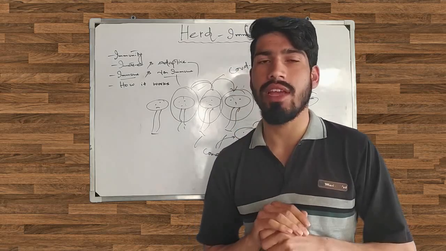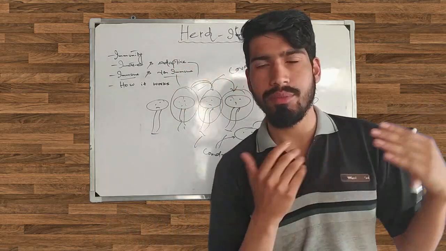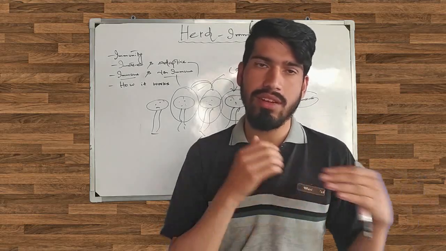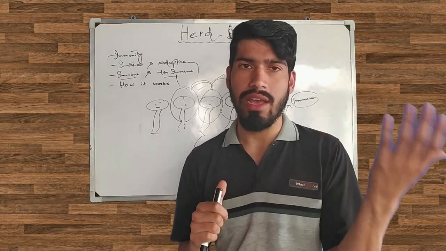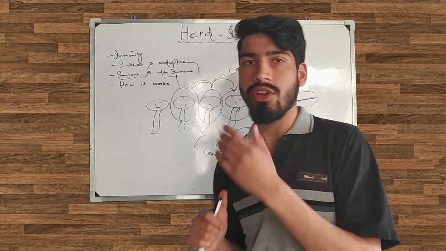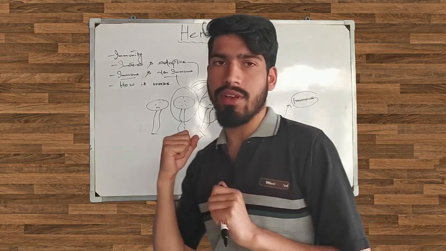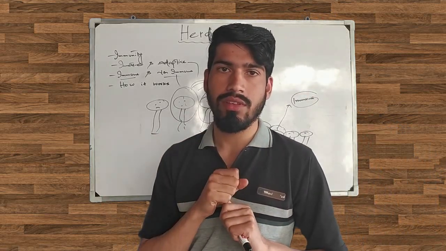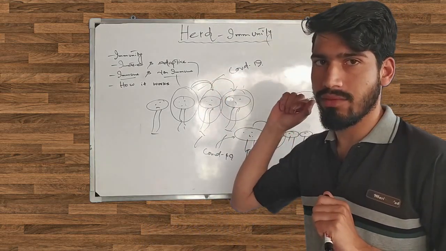But that's not the right thing, because there are some persons with other health conditions, such as older persons with diabetes or cardiovascular disease, pregnant women, or children. They cannot fight this COVID-19.